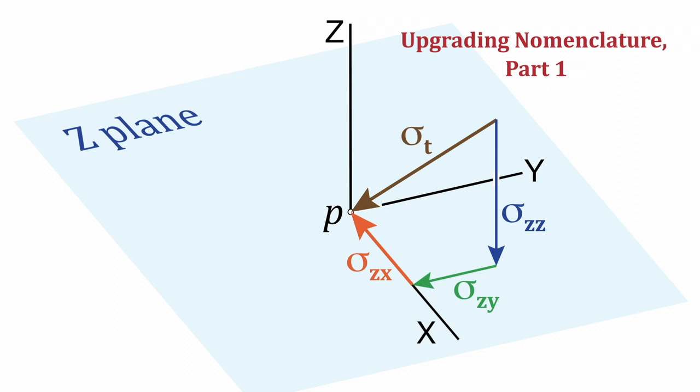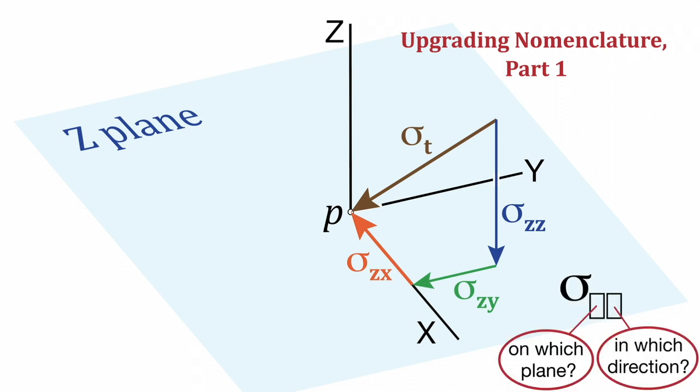These stresses all operate on the z-plane. The second component is telling you what direction the stresses are acting in. So for example, if the stress is acting on the z-plane in the x direction, we call that sigma zx.